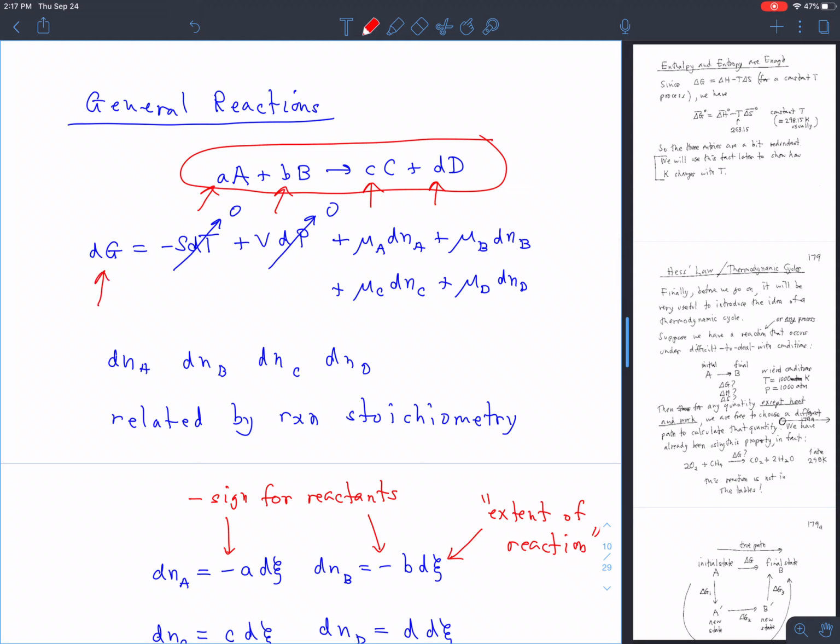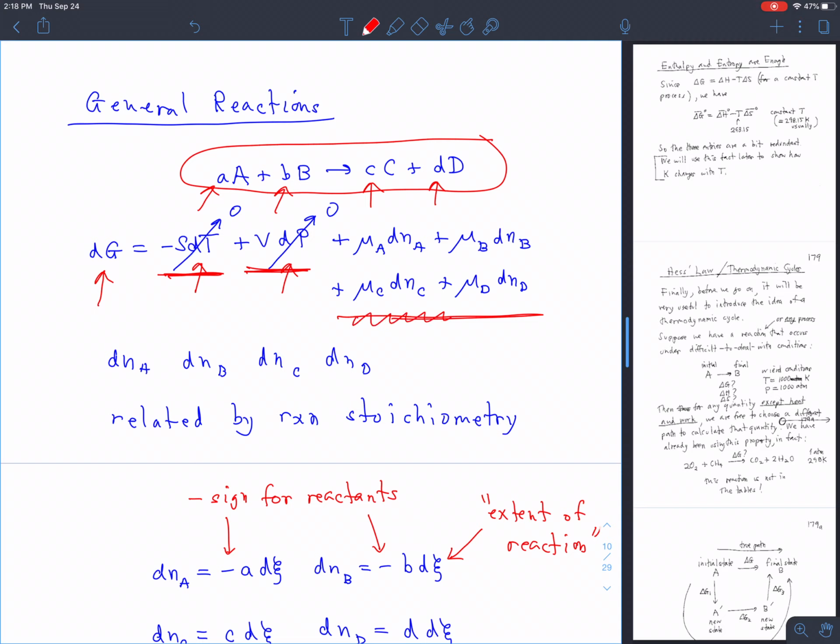In this case, the change in the Gibbs free energy, that is the driving force, has four terms. Well, it's got six terms really, but these first two terms go to zero. There's a term that depends on the change in temperature, a term that depends on the change in pressure, but there is no change in temperature, there is no change in pressure. These are all processes that take place in the presence of a temperature and a pressure bath, so dT is zero, dP is zero.